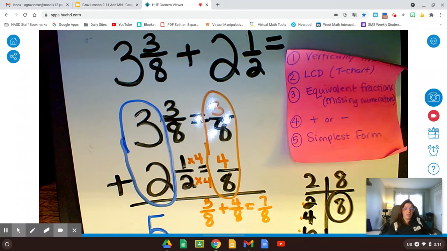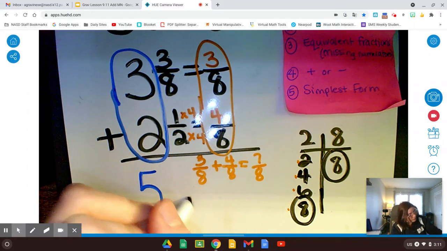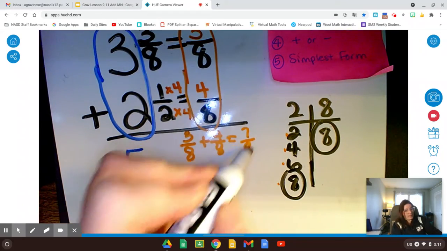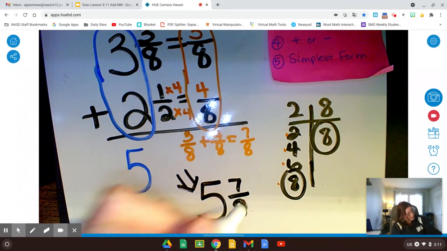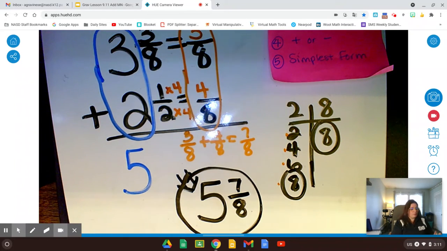So let's combine those. I have 5 wholes and 7/8. So that is my sum. 3 3/8 plus 2 1/2 equals 5 7/8.